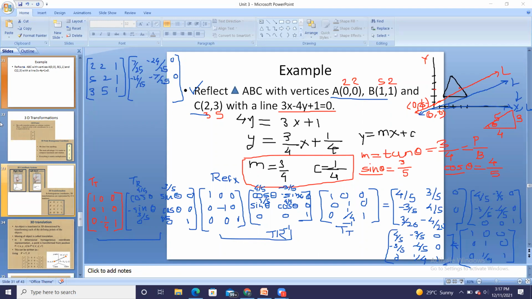So 12 by 100. Minus minus will become plus. This multiplied by first column. So 12 by 100 plus 12 by 100. That is 24 by 100.